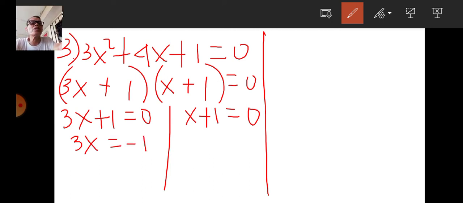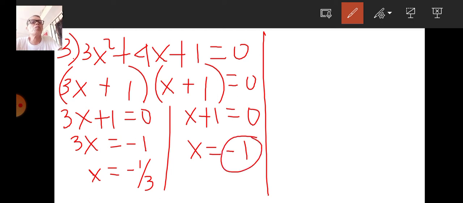Dividing both sides of the equation by 3, you have x is equal to negative 1 over 3. And the other one, transpose 1 to the other side, you will have x equals negative 1. So the solutions are negative 1 and negative 1/3.